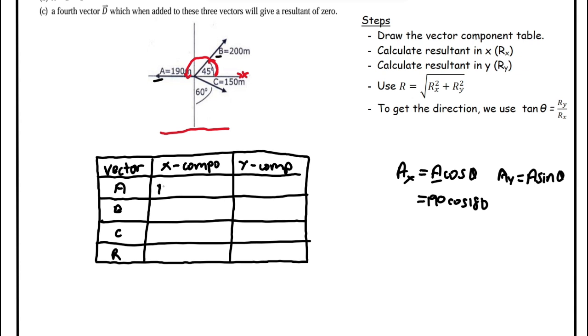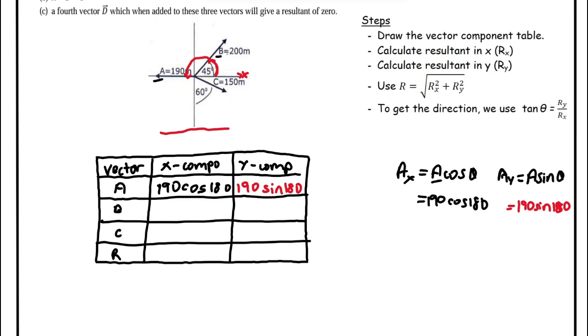So that's what we put in here. Our Y component is 190 sine 180.